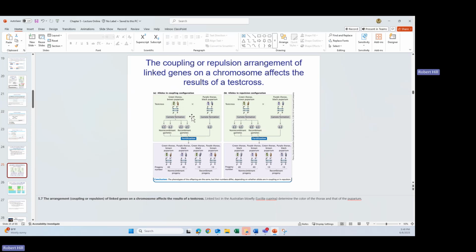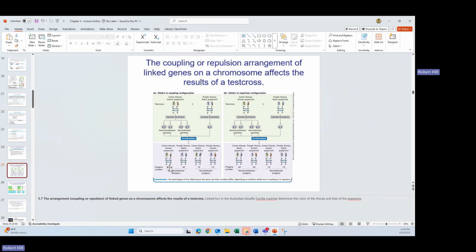All right. So before I go through this problem, I want to jump ahead a little bit. If you look at the numbers of progeny and how they relate to non-recombinants and recombinants, you're going to see they're the same.